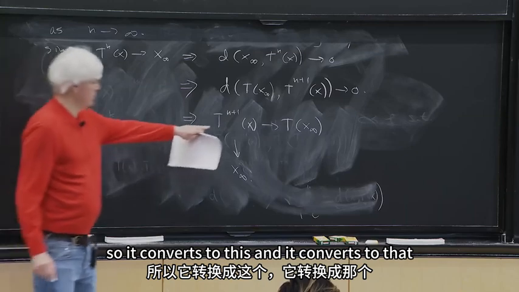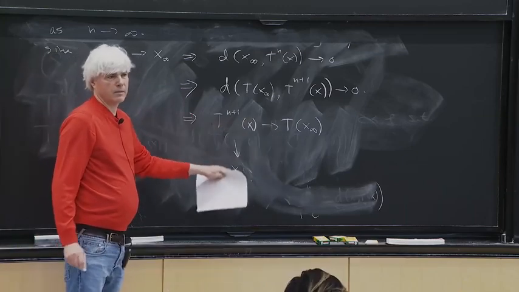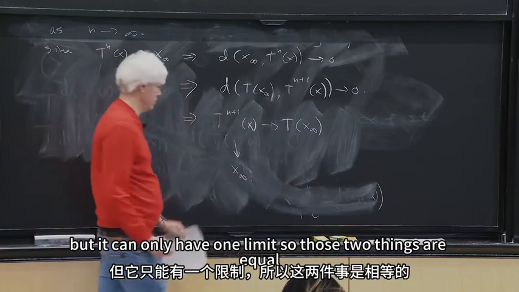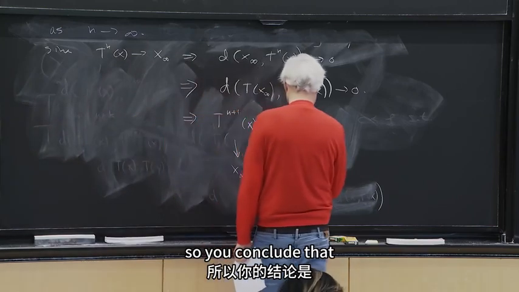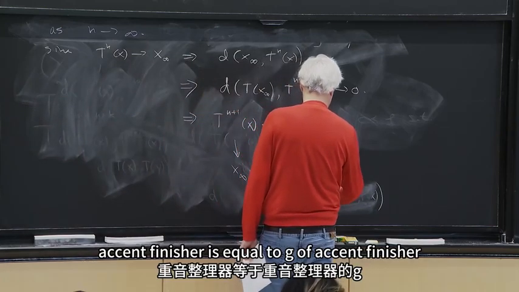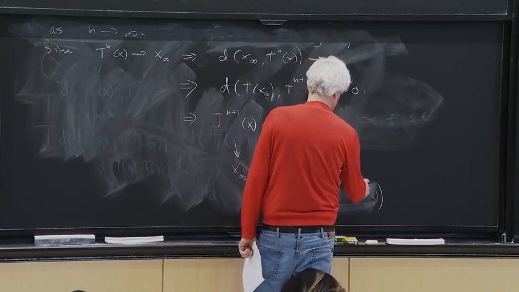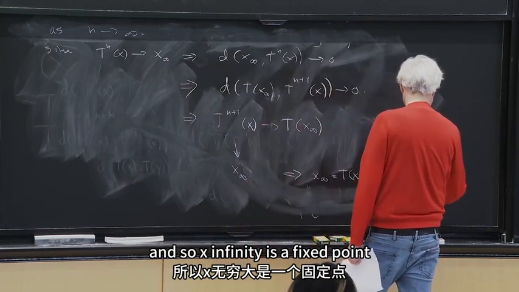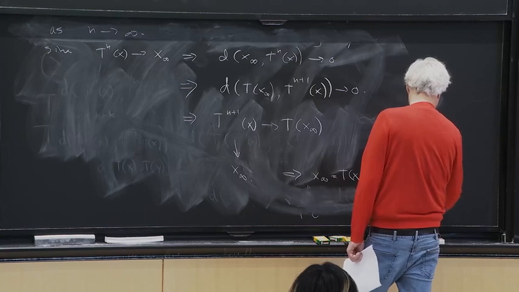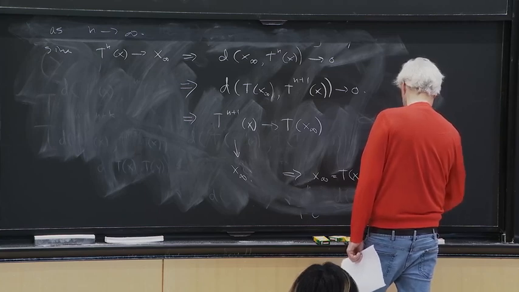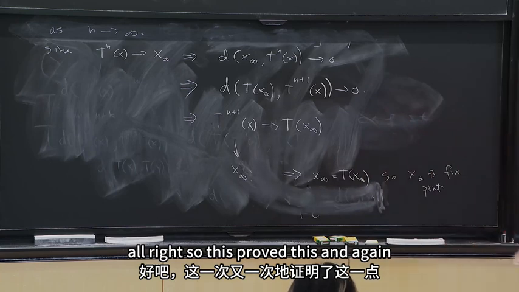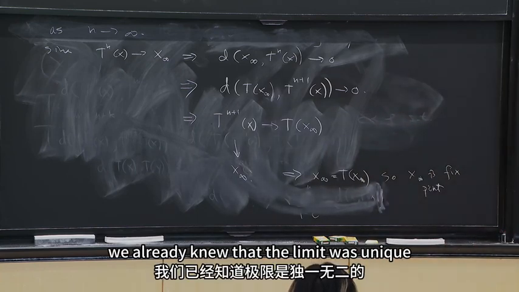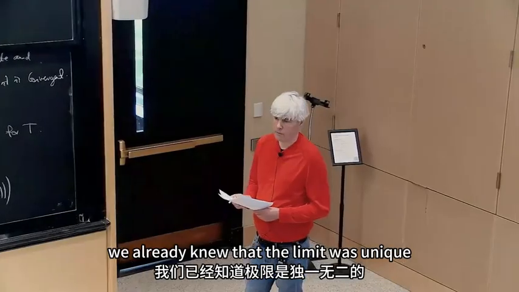So it converges to this and it converges to that, but it can only have one limit, so those two things are equal. So you conclude that x infinity is equal to T of x infinity. And so x infinity is a fixed point. Right, so this proved this theorem. And again, we already knew that the limit was unique, right?